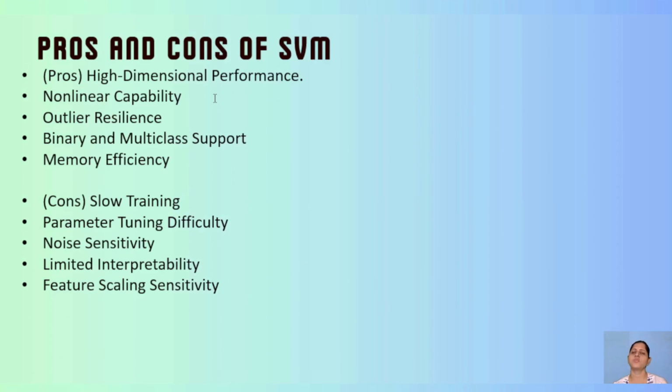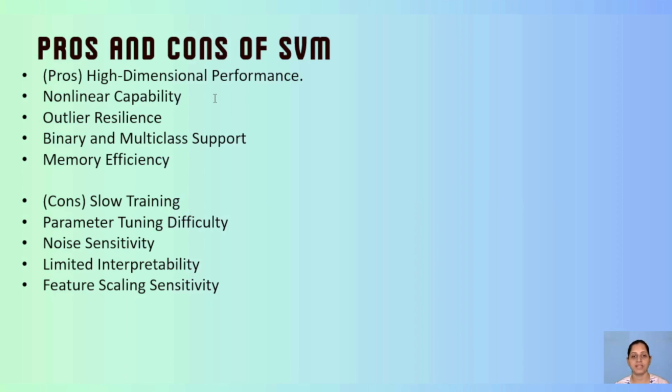Then we have different pros and cons. For every algorithm, we have different advantages and disadvantages, because nothing is perfect in this world, right? So we have a few pros here. It is very good with high dimensional data, and it can handle the non-linear nature of a data set, right? It is very good with outliers.